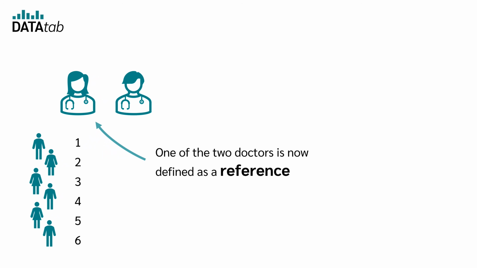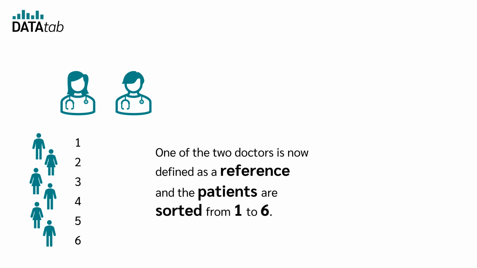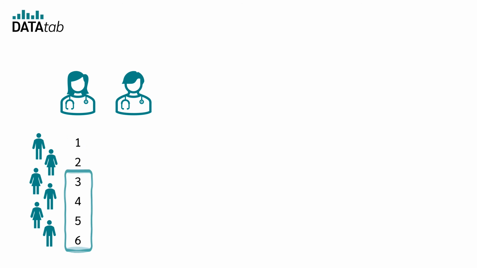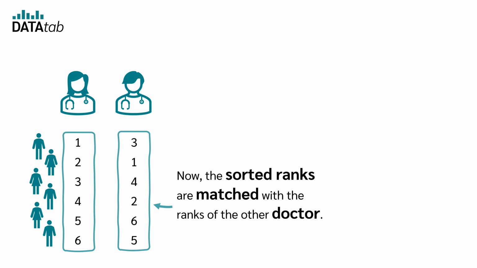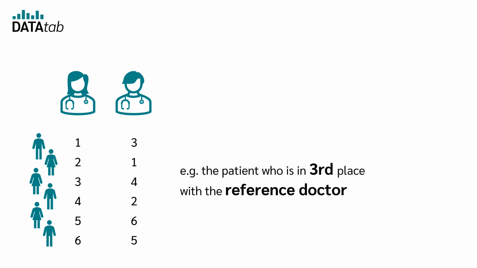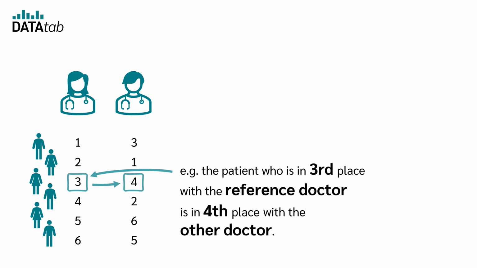One of the two doctors is now defined as a reference and the patients are sorted from 1 to 6. Now the sorted ranks are matched with the ranks of the other doctor. E.g., the patient who is in 3rd place with the reference doctor is in 4th place with the other doctor.